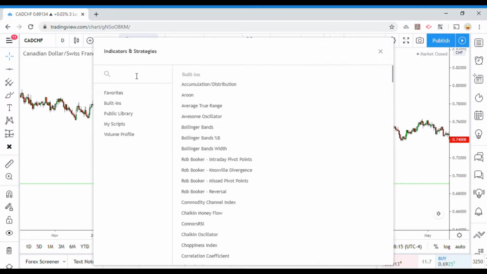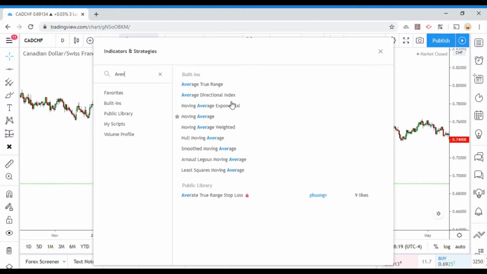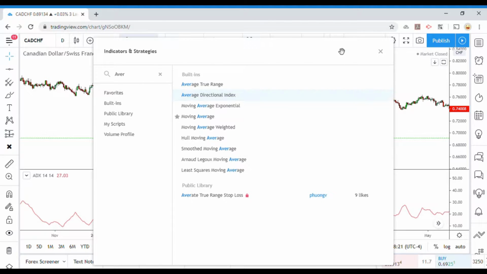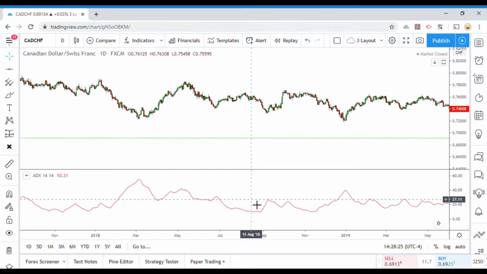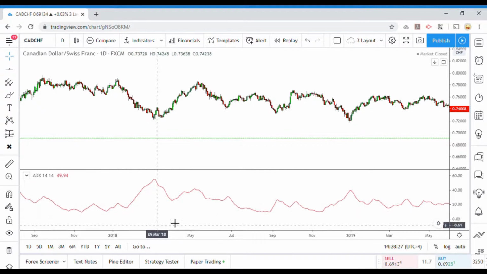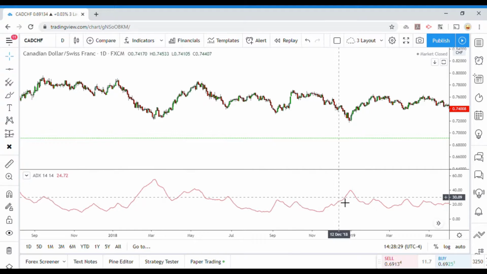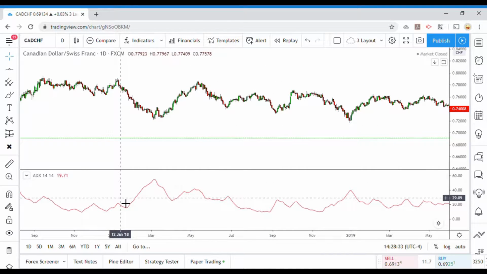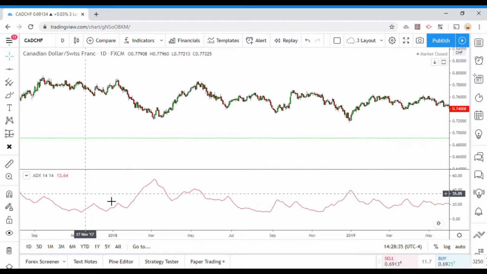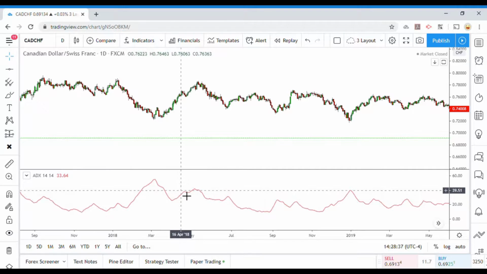So the ADX, as an example, has two different versions. The built-in from TradingView is just a single line, kind of looks like an oscillator, more or less.